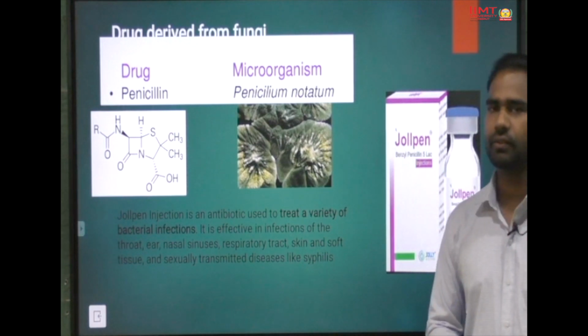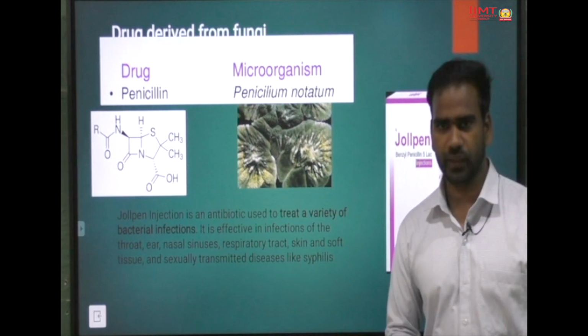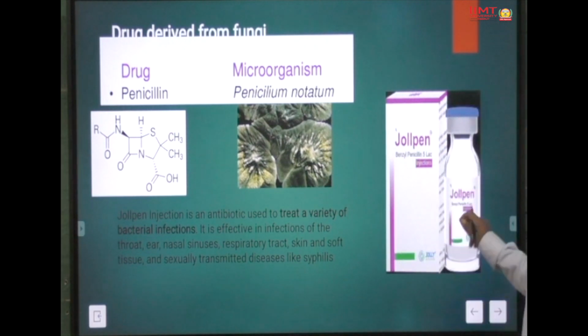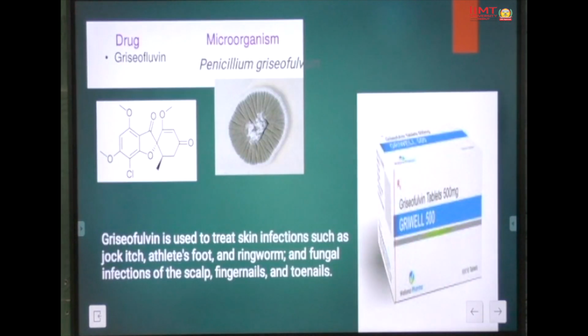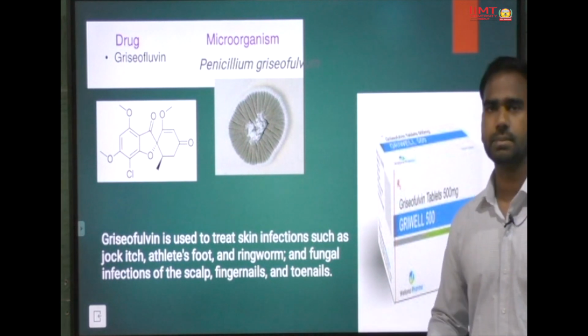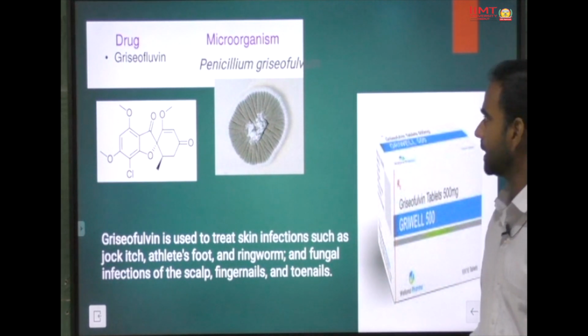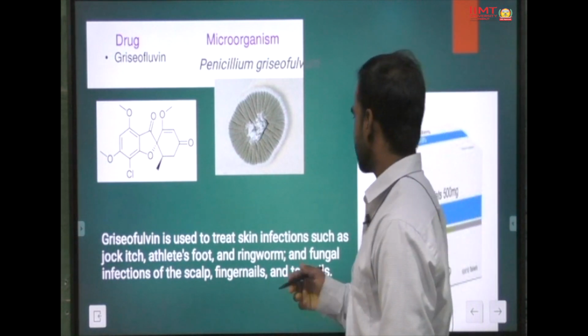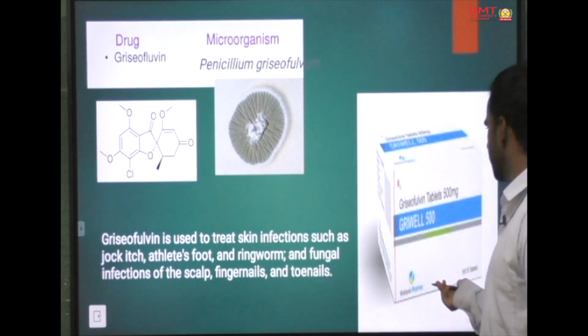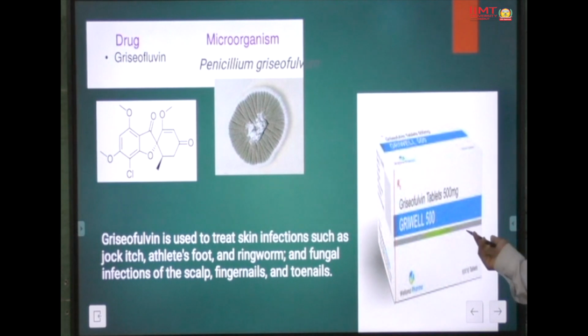Penicillin has different pathophysiological roles in different disease conditions. Another example is Penicillium griseofulvum, another species of the Penicillium fungus, and its product griseofulvin tablets 500 mg, also available under a brand name.